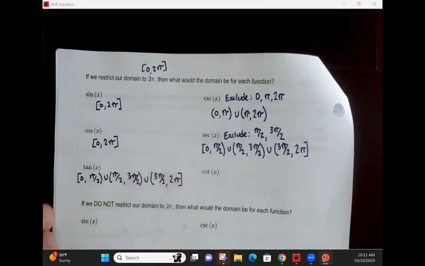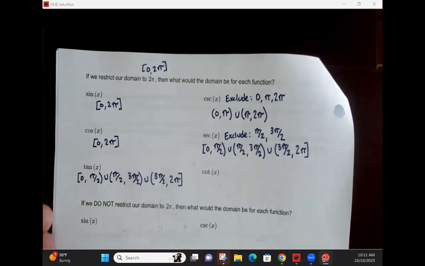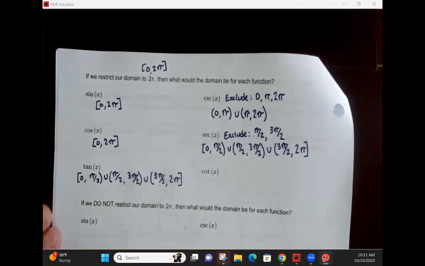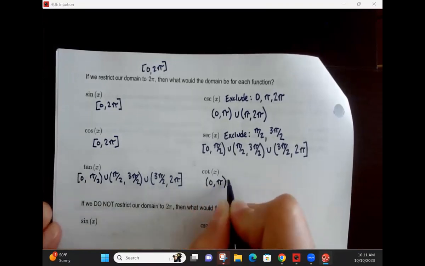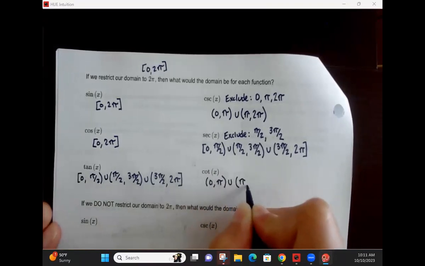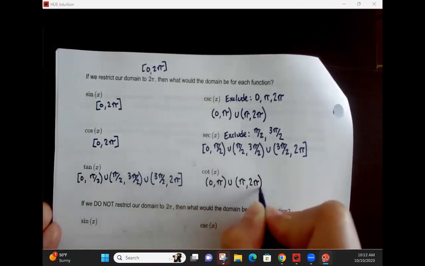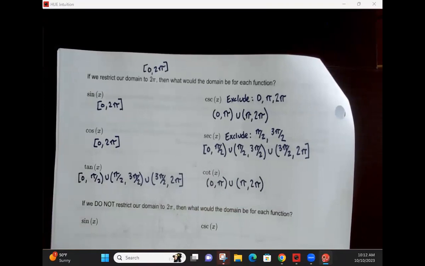Bracket at 0, bracket at 2 pi, parentheses everywhere else. And then cotangent will have the same domain as cosecant, because again, the problem there would be anywhere that y is 0. So your domain here would be 0 to pi, and then pi to 2 pi, all parentheses, because we can't have 0, we can't have pi, we can't have 2 pi.